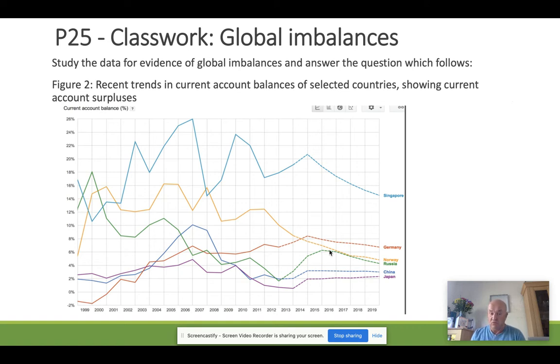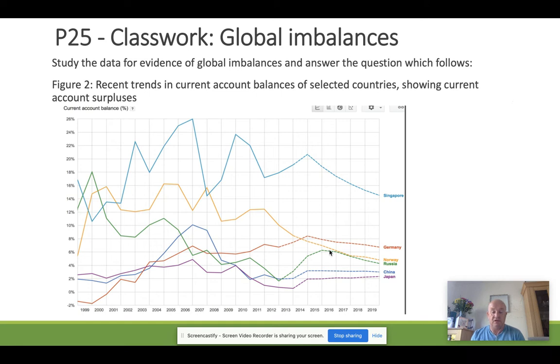Okay, so normally speaking, there will be a good reason why one country will either have a current account surplus or a current account deficit. Essentially, if one country has a particularly high surplus, then at some stage, other countries are going to have to suffer in terms of running current account deficits. Let's say, if one country is winning, then another country is probably suffering in some shape or form.